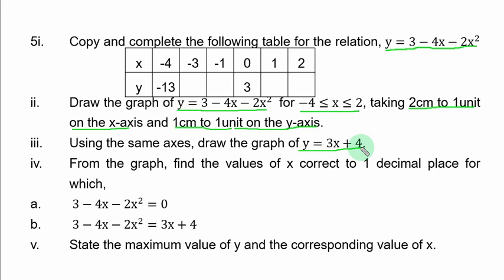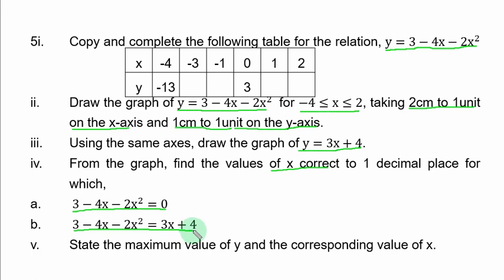Roman figure 4. From the graph, find the values of s correct to 1 decimal place for which, part A, 3 - 4s - 2s² = 0. Part B, 3 - 4s - 2s² = 3s + 4.